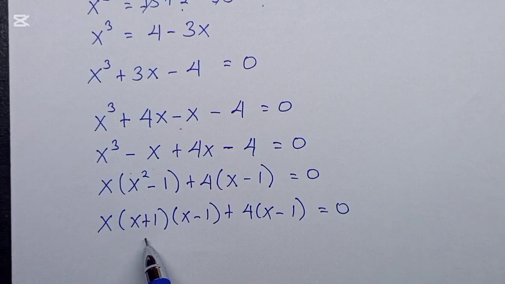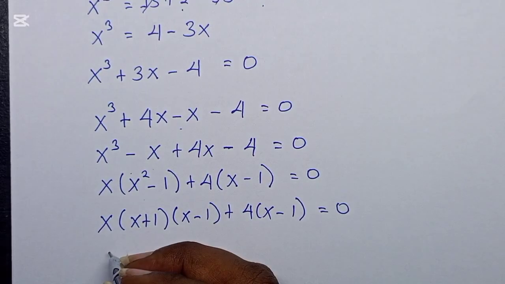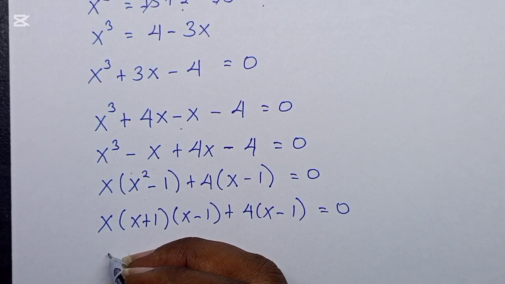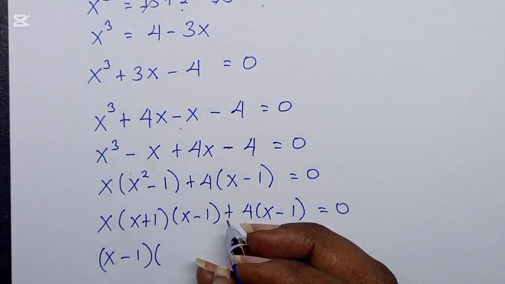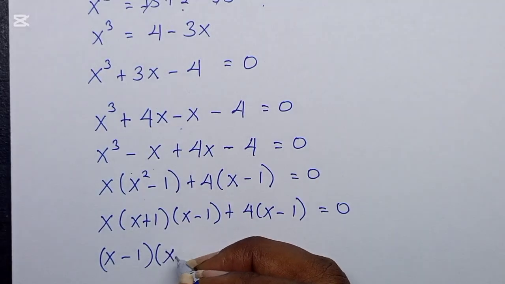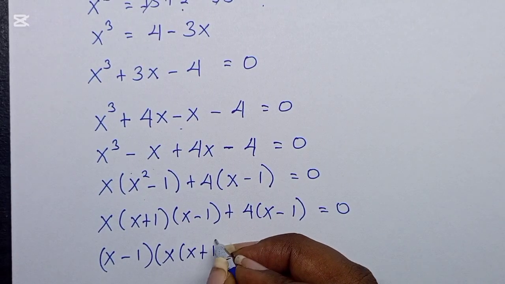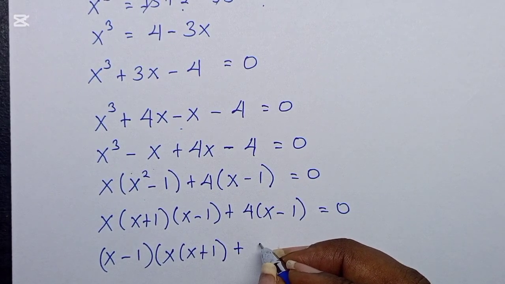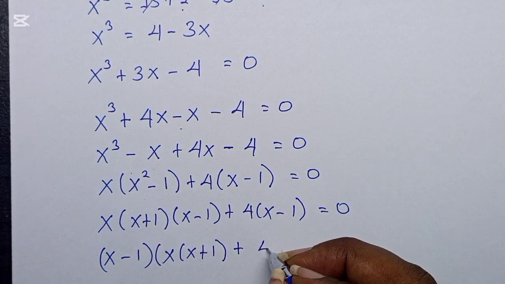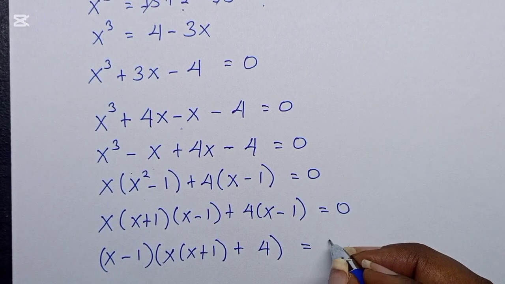So as you can see, x minus 1 is common here and here. So we factor it out. We shall have x minus 1 into, here we shall remain with x into x plus 1, then plus 4 is equal to 0.